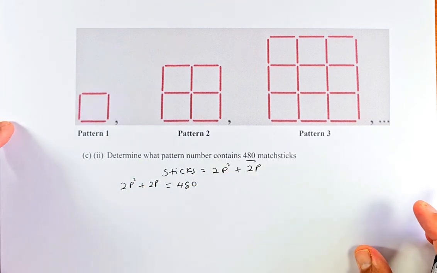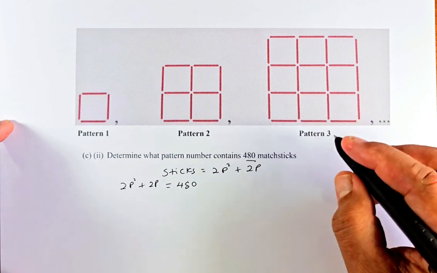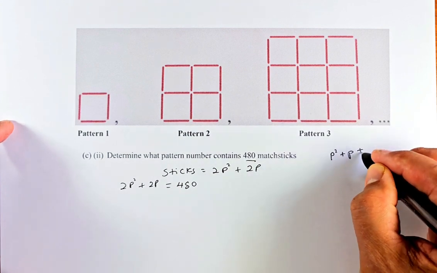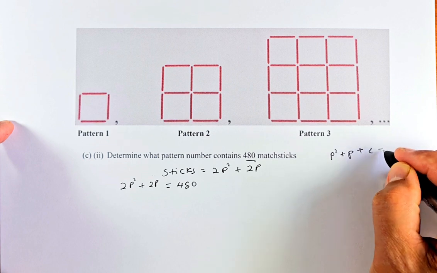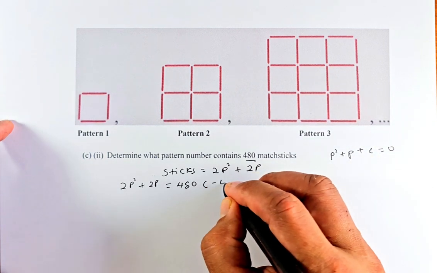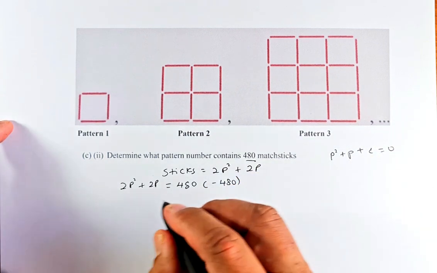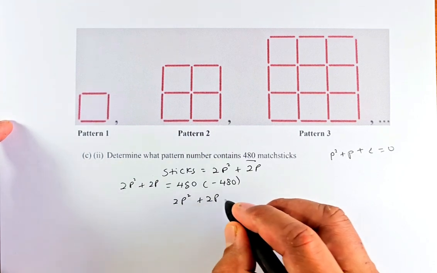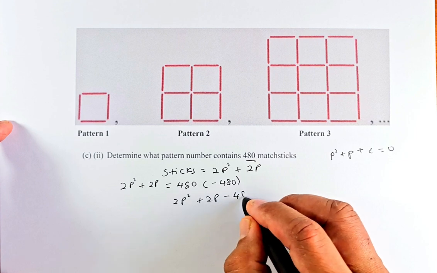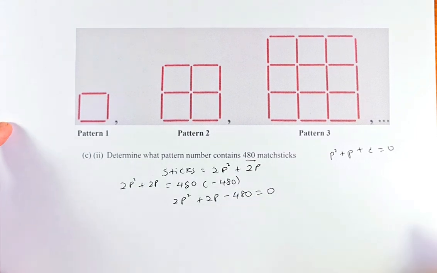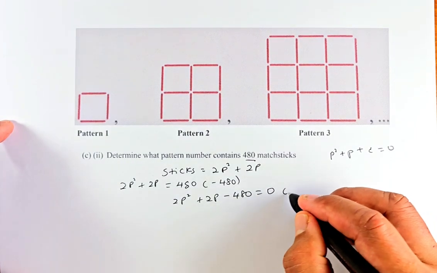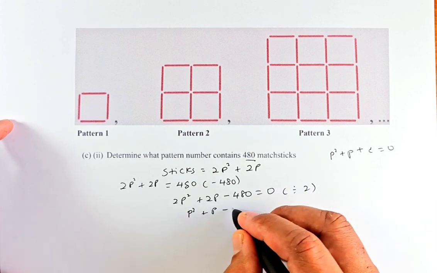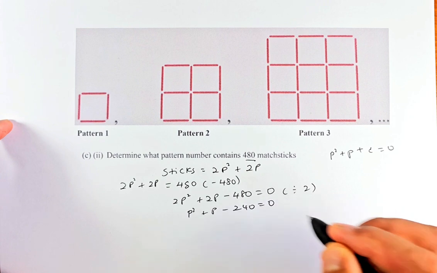This is a quadratic equation. When you solve a quadratic, it is always going to be equal to 0, so we minus 480 on both sides. The equation now becomes 2p squared plus 2p minus 480 equals 0. To make my life easier, I'm going to divide by 2 throughout, so it will be p squared plus p minus 240 equals 0.